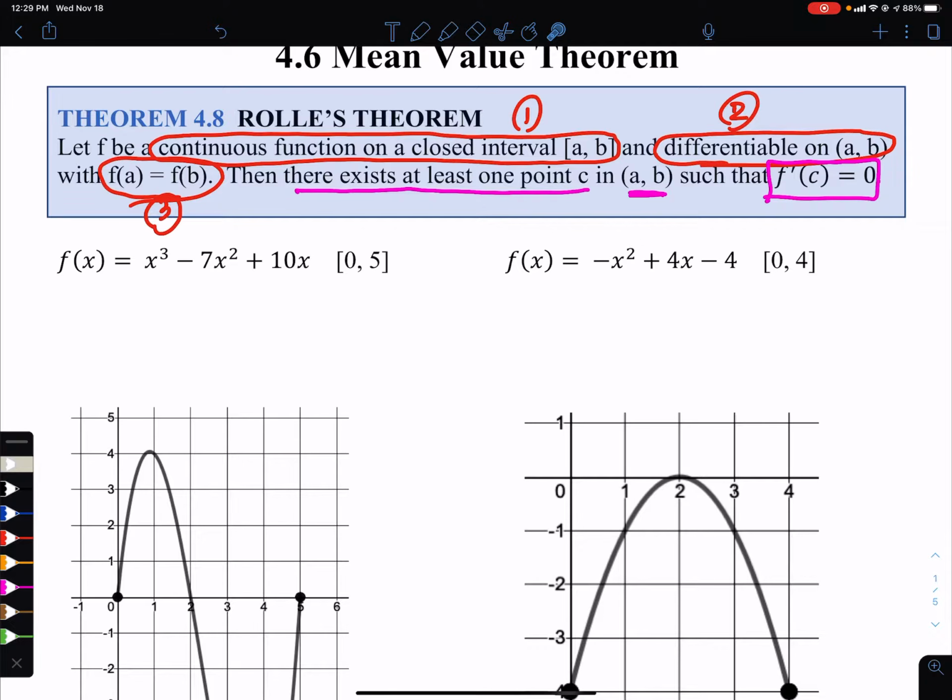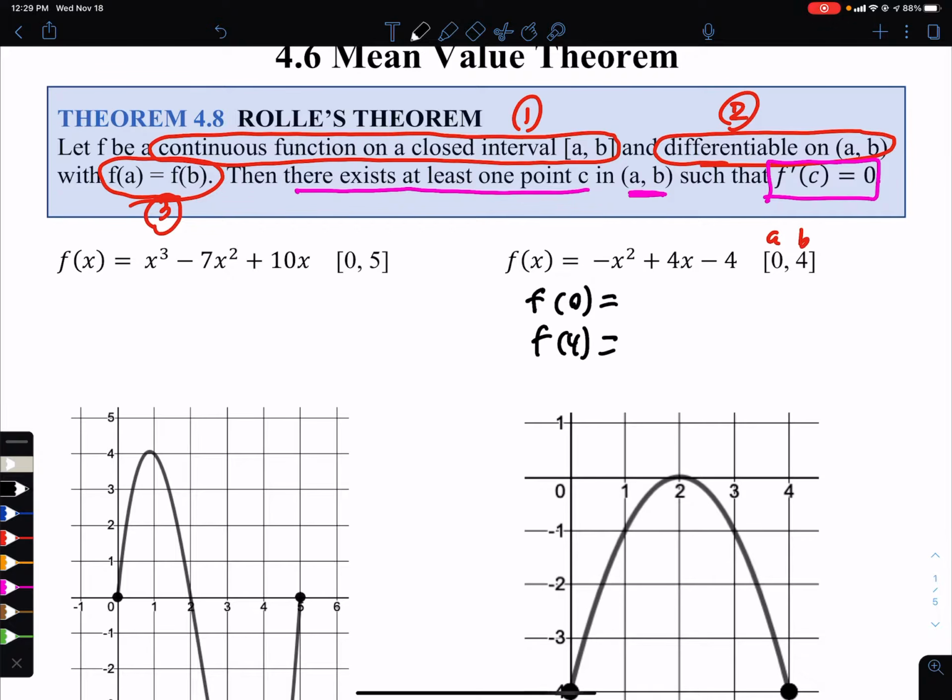Second condition, it must be differentiable, and we know polynomials are differentiable everywhere, so it is differentiable between 0 and 4. The third condition, f of A and f of B. Well, that's my A and that's my B. So I need to find f of 0 and f of 4.